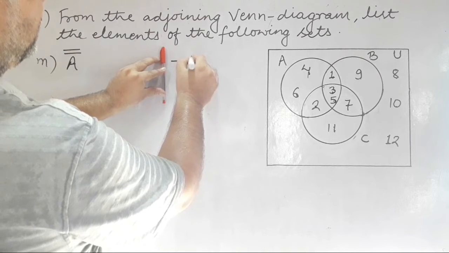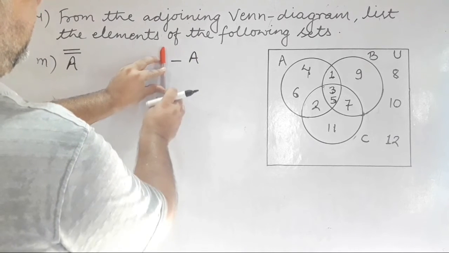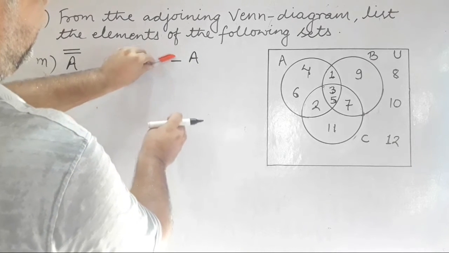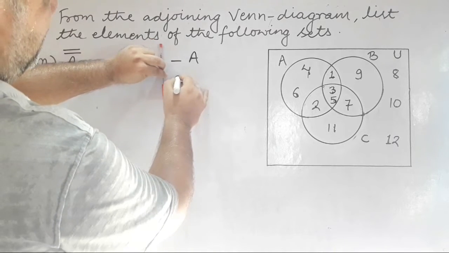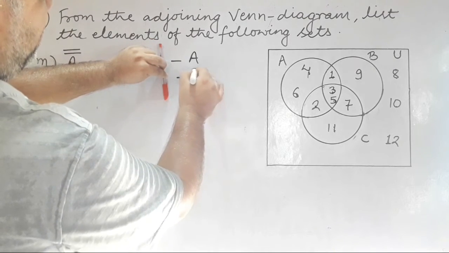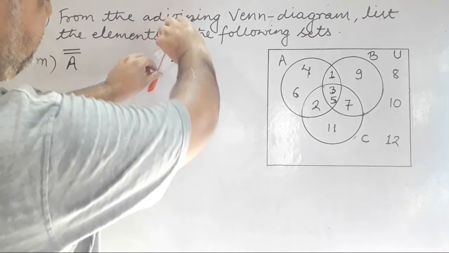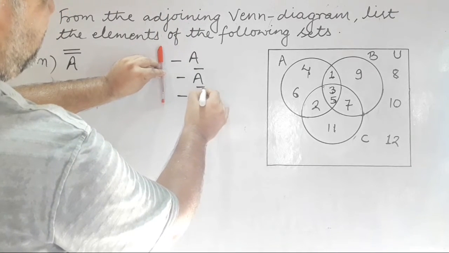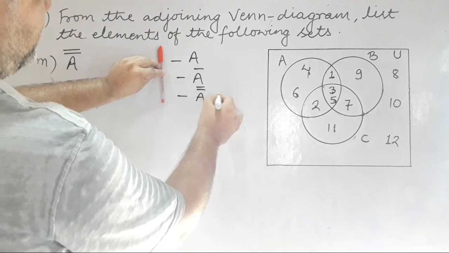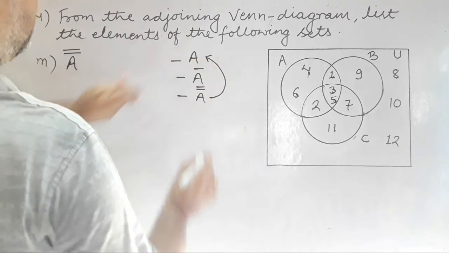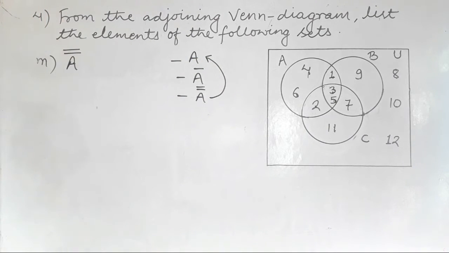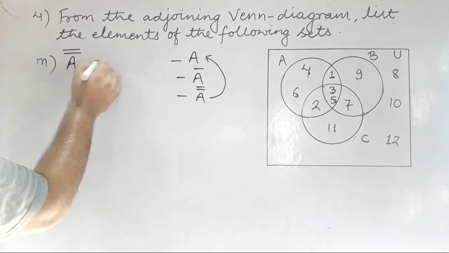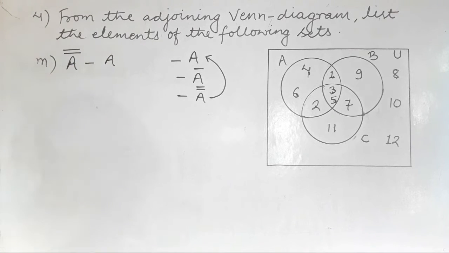Let me represent this by set A. If I invert it, let me represent this by A complement. Again, if I invert it, then it is complement of this A complement. That is the set A. So the double complement of set A represents the set A itself.